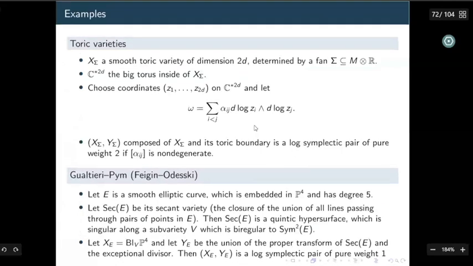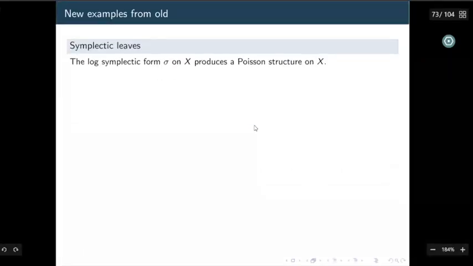So these are two examples. How can we produce more is the question that I want to ask now. And the answer is, of course, yes. So how do we produce more examples from old examples?